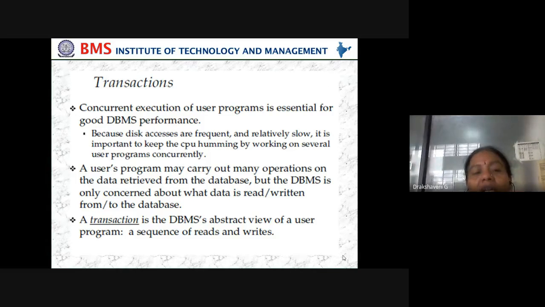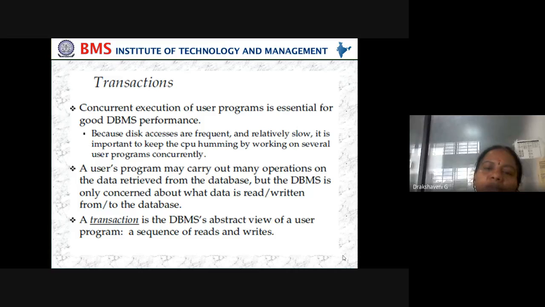So that's why concurrent execution of user programs is essential for good DBMS performance, because disk accesses are frequent and relatively slow. It is important to keep the CPU humming by working on several user programs concurrently. A user program may carry out many operations on the data retrieved from the database, but the DBMS is only concerned about what data is read from or written to the database.